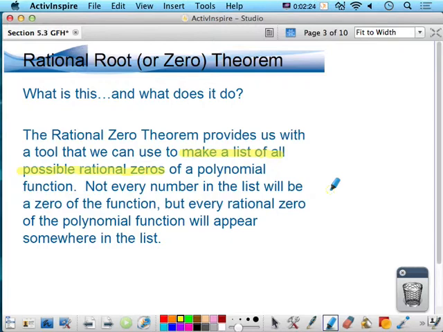Not every number in the list will be a solution, but every rational solution or zero must appear somewhere in that list. So we'll pause for a second, let you jot down anything you want, and then I'm going to give you some steps for making that list, so you'll know step by step how to start when you're asked to apply the rational root theorem.